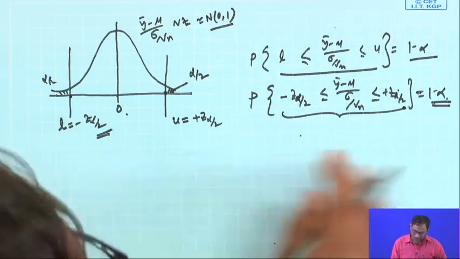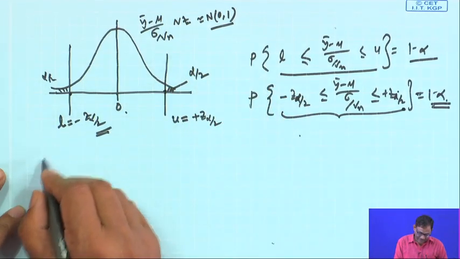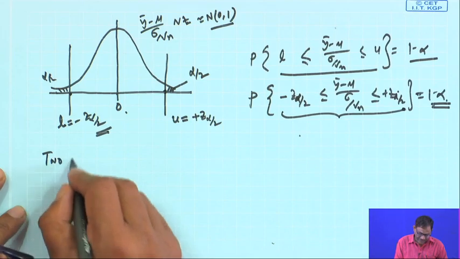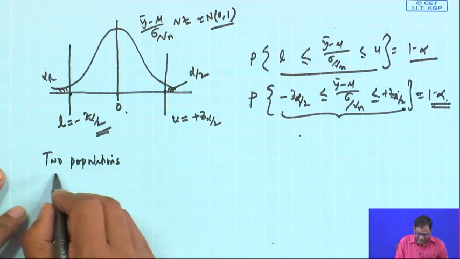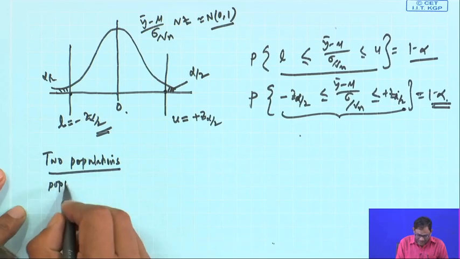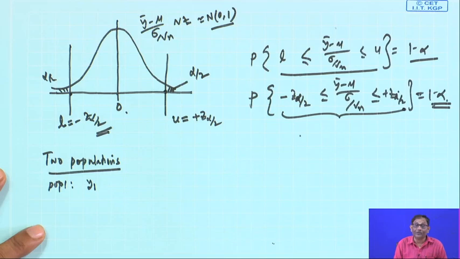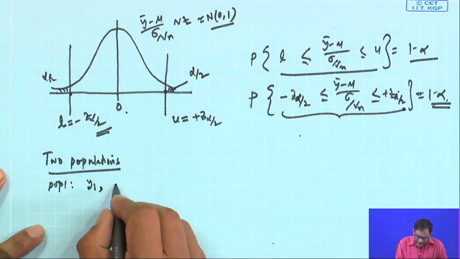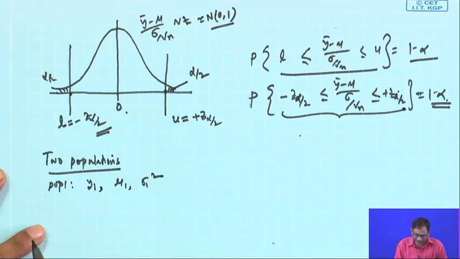Okay. No longer do we have one population; we have two different populations. So, the two populations case. Population 1: suppose the variable of interest is y 1, its mean is mu 1, its variance is sigma 1 square, and you have collected n 1 data points.